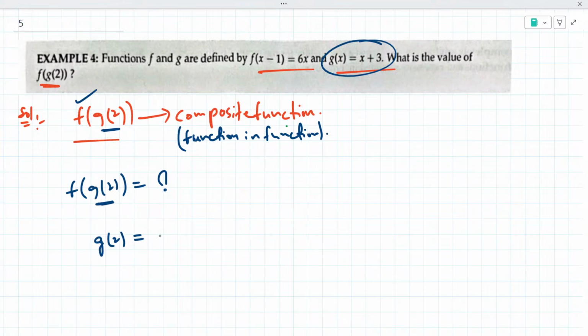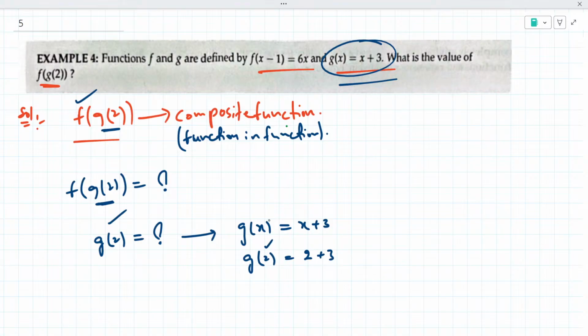We use g of x equals x plus 3, given in the question. So g of 2 equals 2 plus 3. Substituting 2 in the place of x, I got g of 2 equals 5.